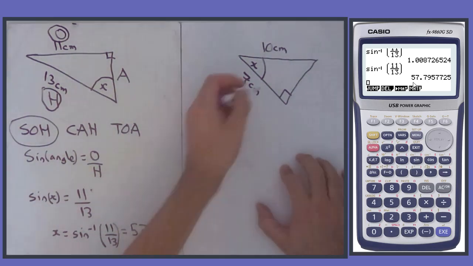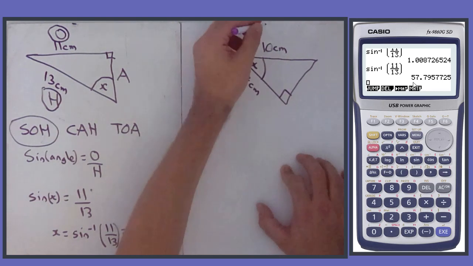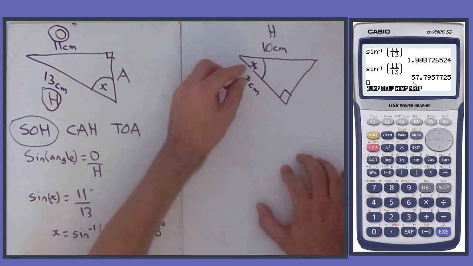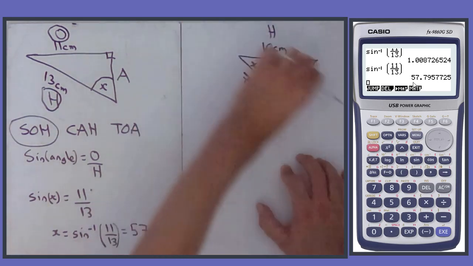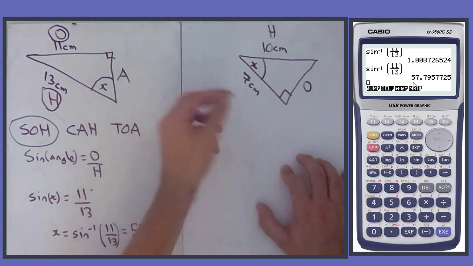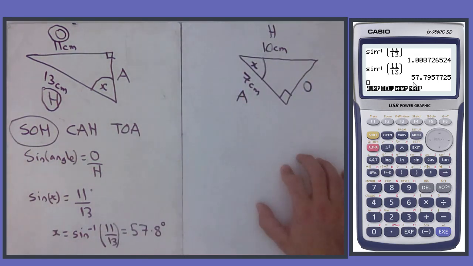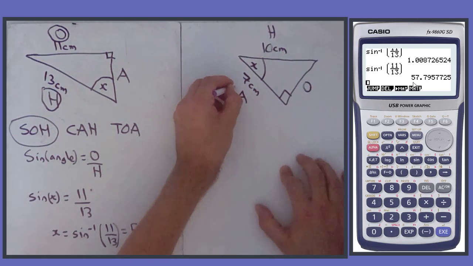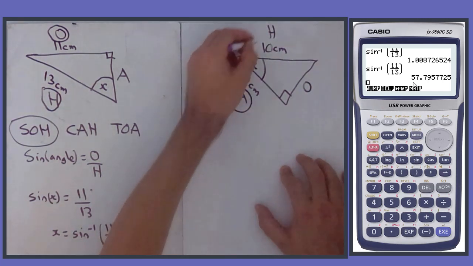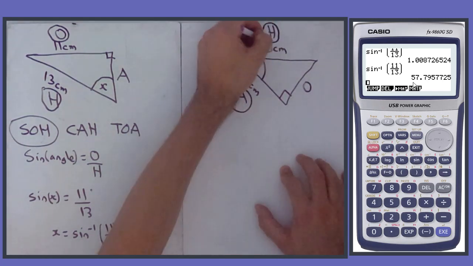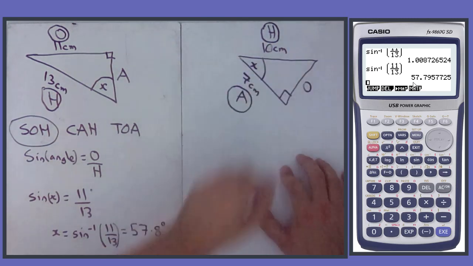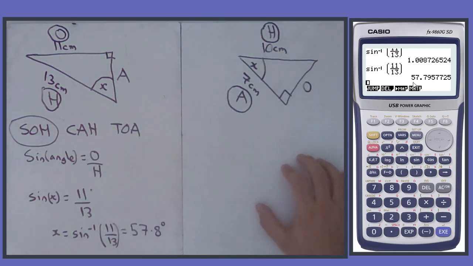HOA. H, longest side, opposite the right angle. O, opposite the angle in the question, that's the x, what we need to find. A, the other one. Ring, which two sides are involved? Either we need to find them, which is neither in this case, or we have them and we're going to use them as information. So the 7 and the 10 are both involved. This side, we haven't been asked to find it and we don't know its value, so it's not really involved.